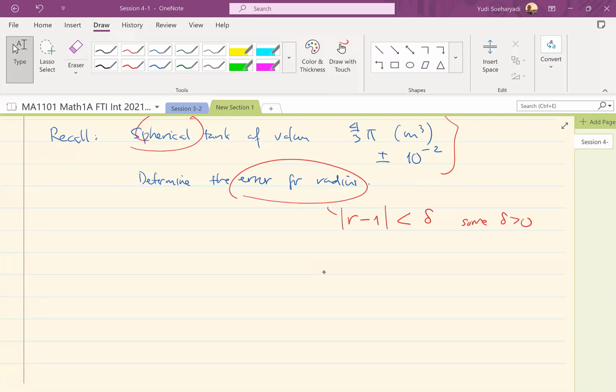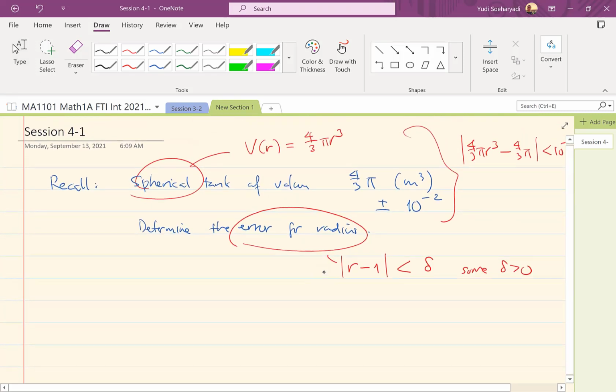All right. So recall this problem of the spherical tank, building a spherical tank.